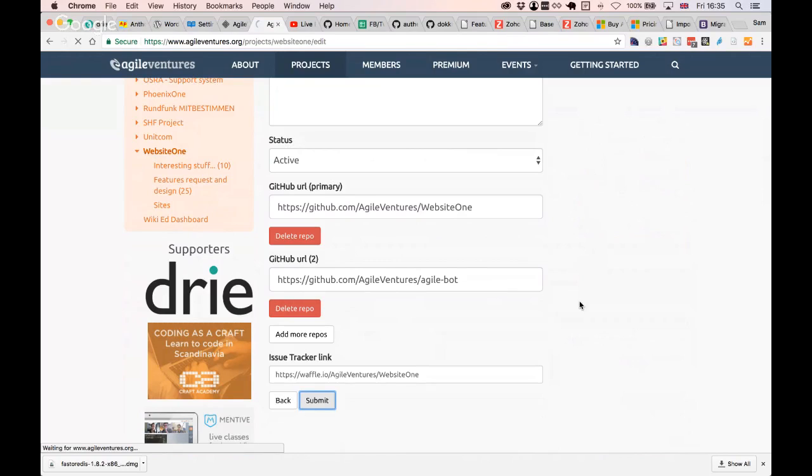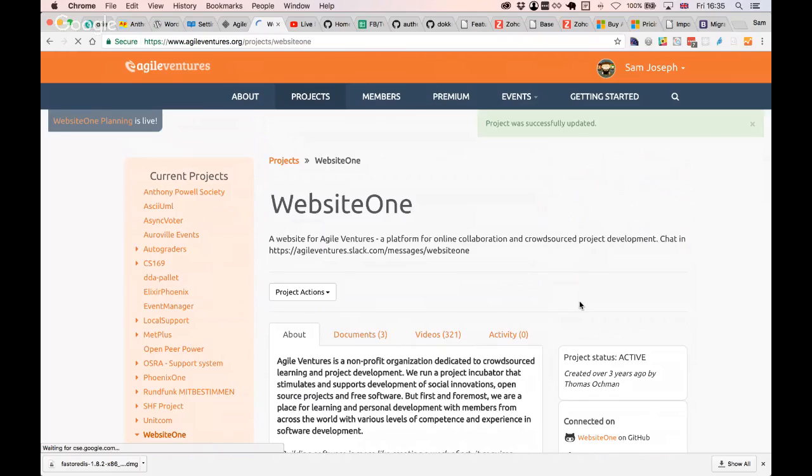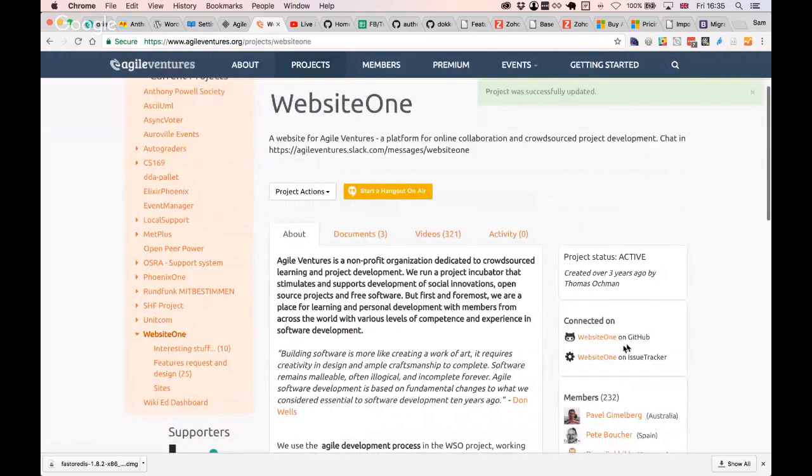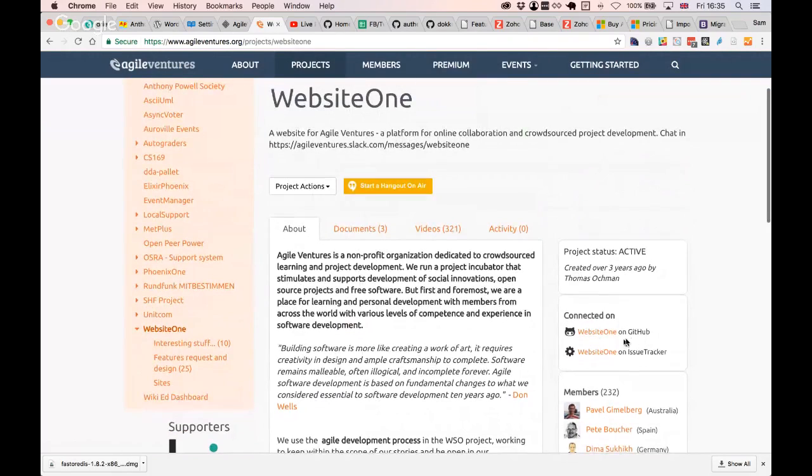Basically, it's all working. It's all quite smooth. We haven't got a default display of all of those different repos associated with the project. It just gives a place for the maintainer to store them at the moment.